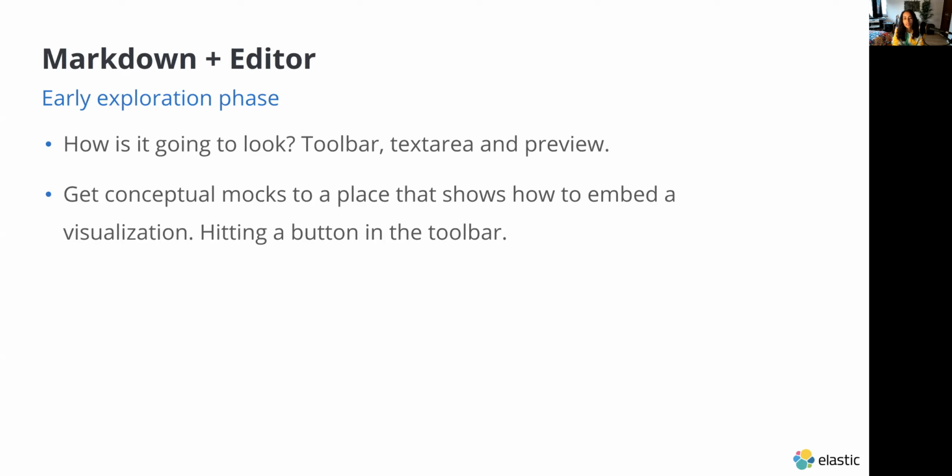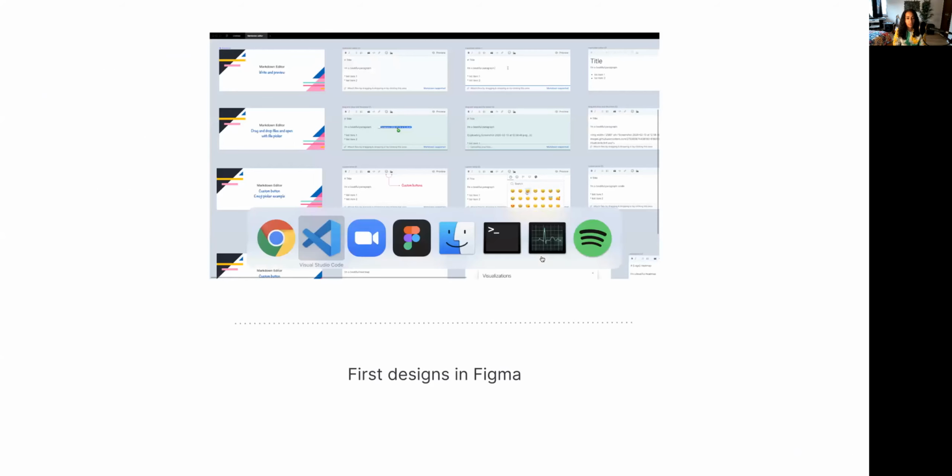So we decided that we wanted to embed a visualization by hitting a button in the toolbar, and then we could pick a visualization and embed that visualization inside the Markdown editor. So I started the first designs in Figma.